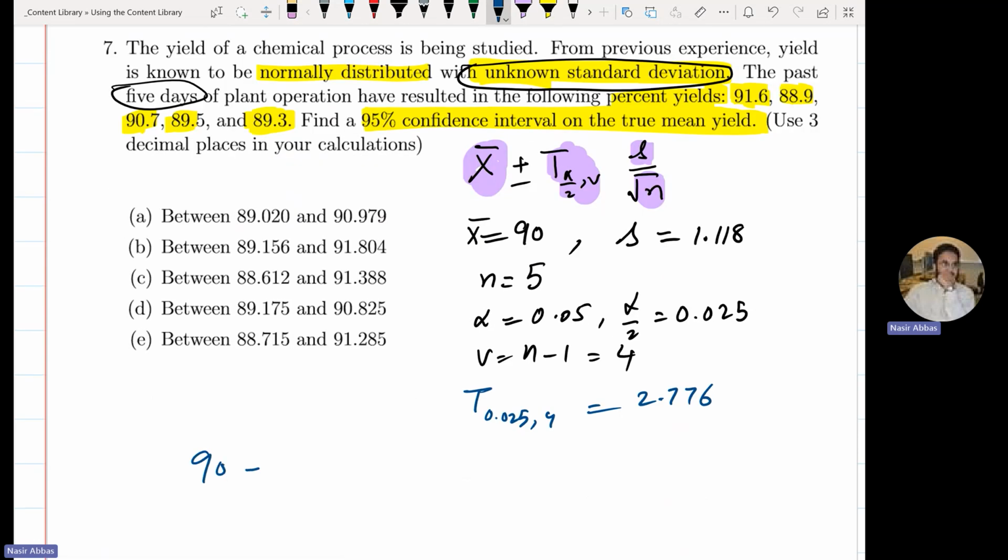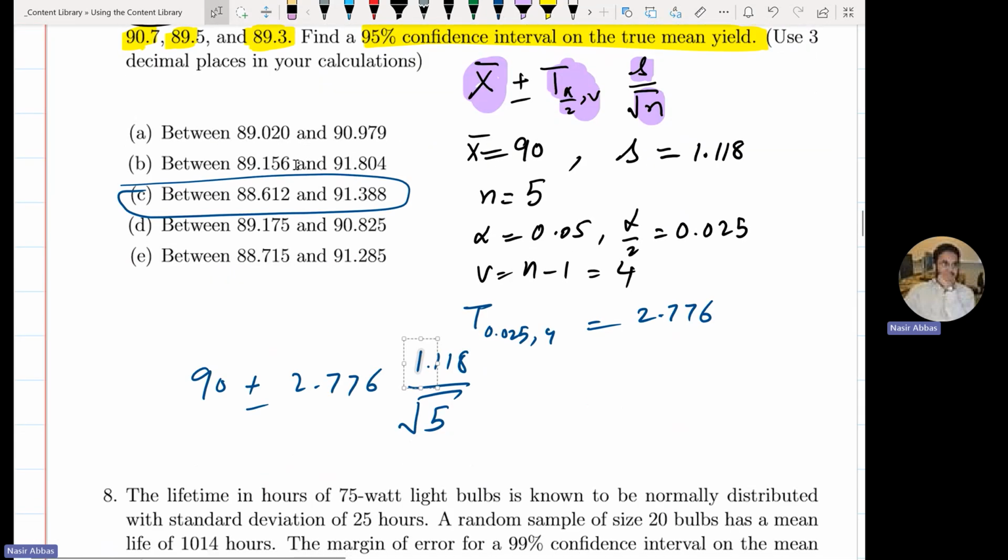It will be 90 plus minus 2.776, 1.118 over square root of 5. And this will correspond to 88.612 to 91.388. Option C. Rounded up to how many decimal points? The question says 3 decimal points.